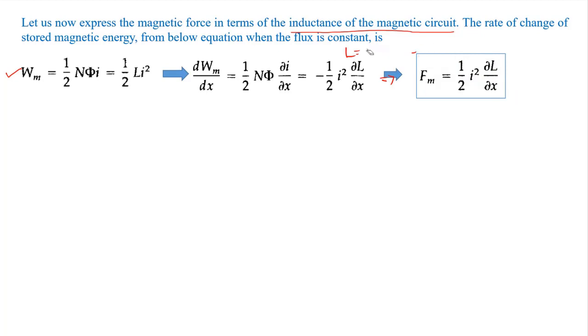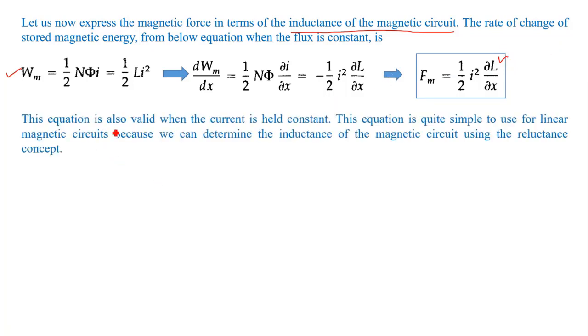So just by taking the derivative, which is already here, Fm will be half of I square delta L upon delta x. So that means this is the expression of the magnetic force in terms of the inductance. This is for a linear system and when the flux is constant.